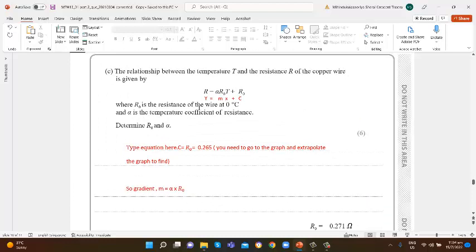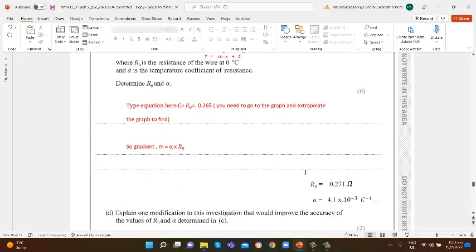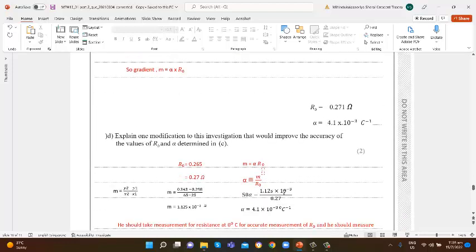So you have to go back to the graph. The gradient, you know, is alpha R naught, so you can calculate. R naught you can take like that. Then you know gradient is always y2 minus y1 over x2 minus x1. All math students know this, and other students also.